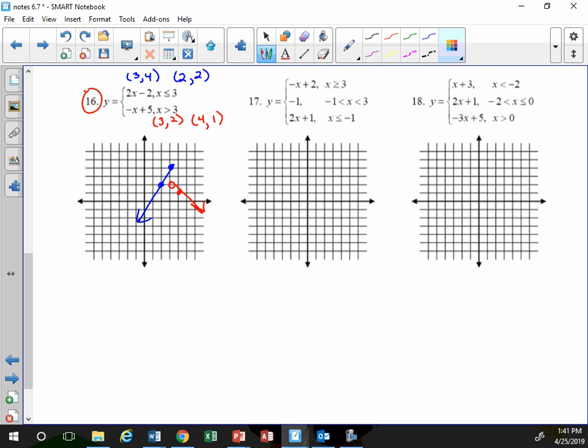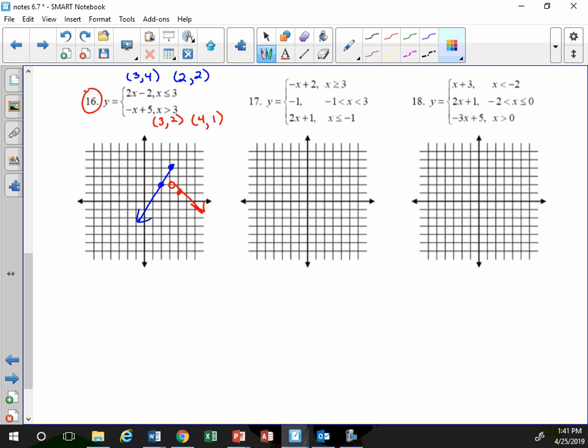Then, okay. So that's that horizontal line.